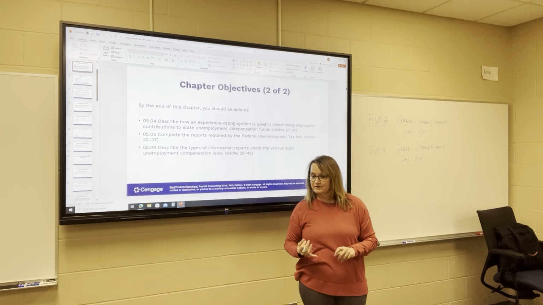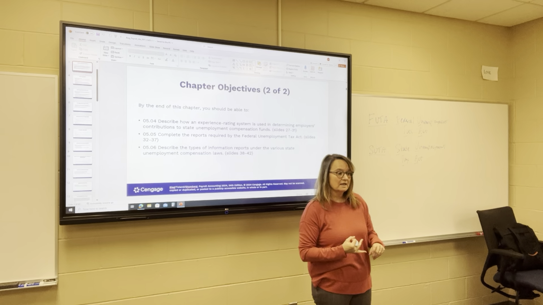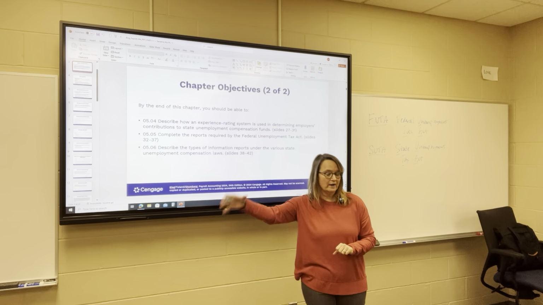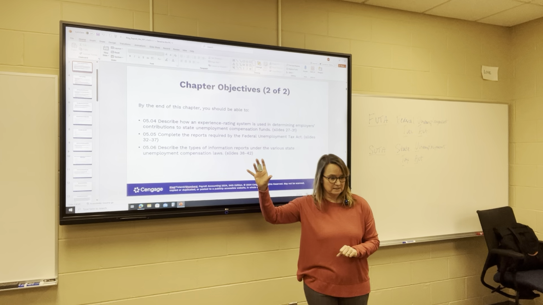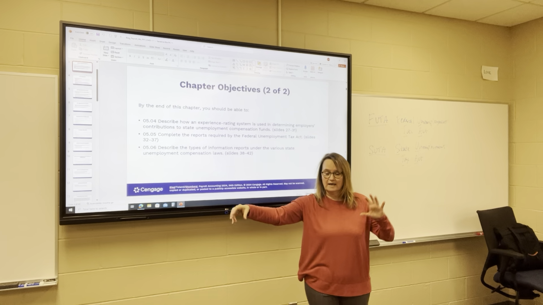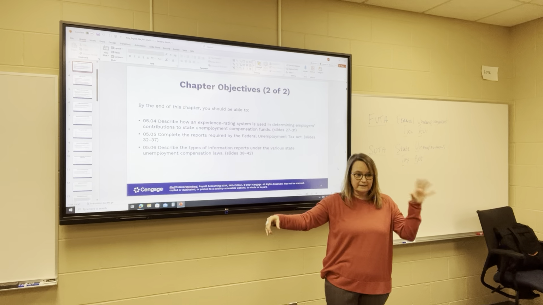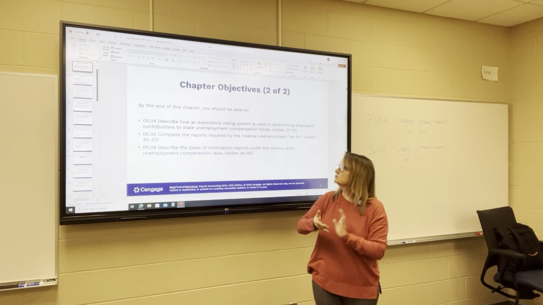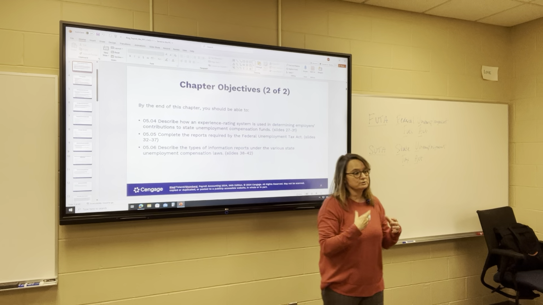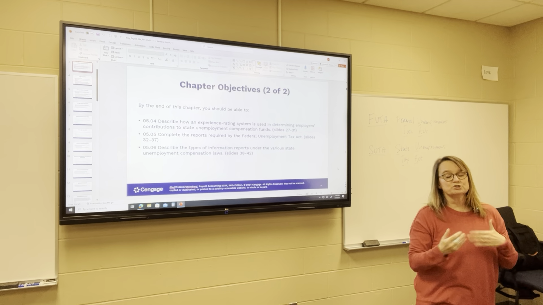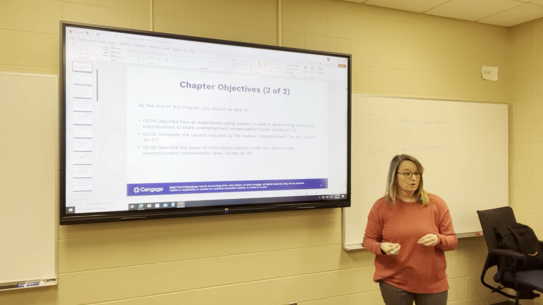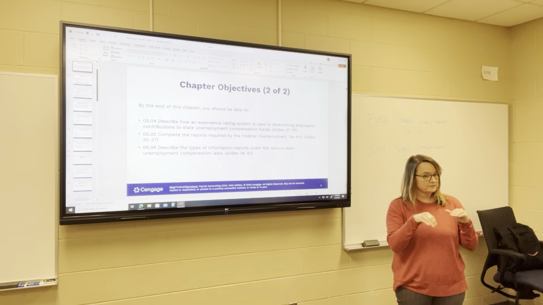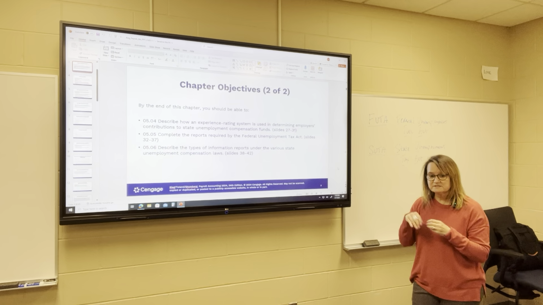The rate varies by state, and it varies by employer. So one employer may have a specific tax rate, and another employer right next door, same state, has a different tax rate. This experience rating system is used to help determine what that rate is going to be per employer.